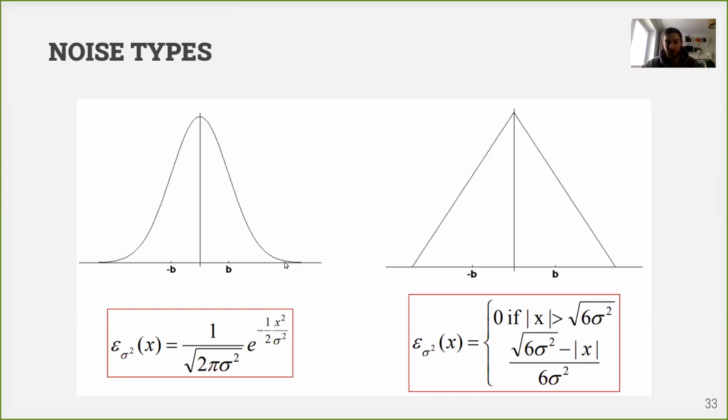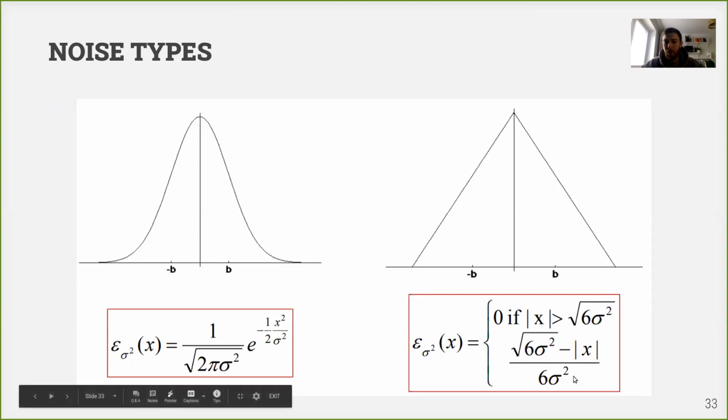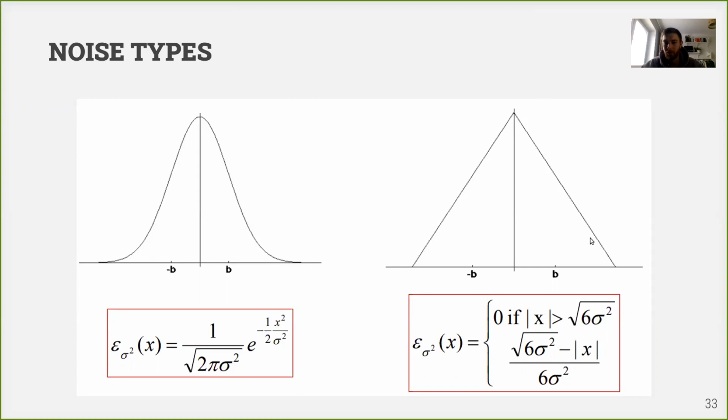So first one is just normal or Gaussian distribution, and second one is triangle distribution. I hope you are all familiar with normal distribution or Gaussian distribution, and triangular is even simpler. We would just say that our noise can be distributed with the shape of a triangle. Here is a mathematical equation which, given a standard deviation, allows us to represent a triangle basically.